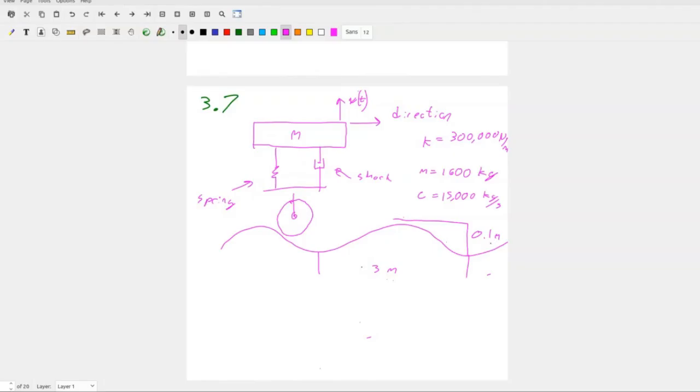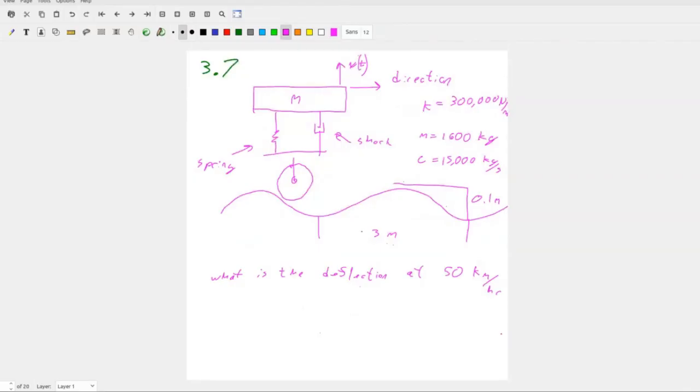What is the deflection at 50 kilometers per hour? All right. So what's the first thing we might want to do?